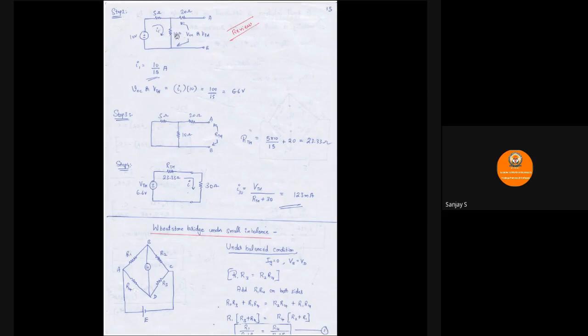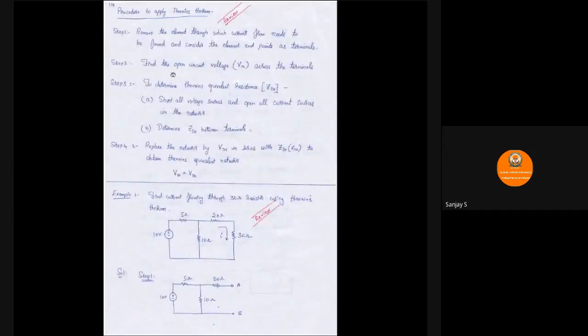So I1 multiplied by 10 will give me the open circuit voltage VOC or VTH, which is I1 into 10. 10 by 15 multiplied by 10 is 100 divided by 15, which is equal to 6.6 volts. This finishes step 2. In step 2, we have found the open circuit voltage across the terminals.